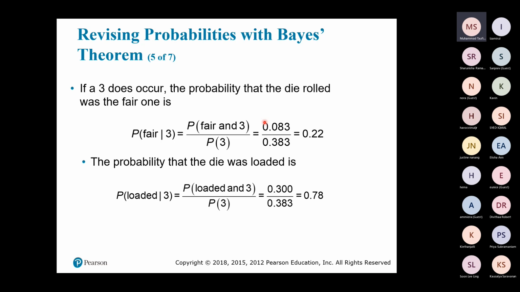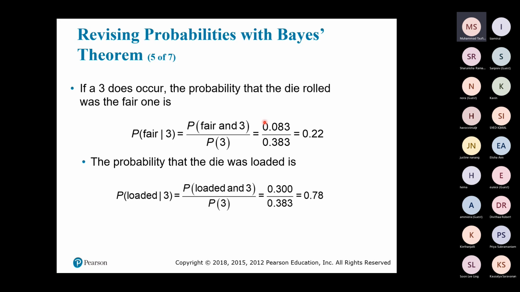Kemungkinan untuk awak pilih dadu yang normal bila hasil balingan dadu awak tu adalah nombor 3 adalah 0.22, ataupun 22% kemungkinan.